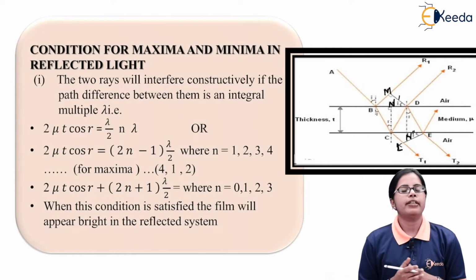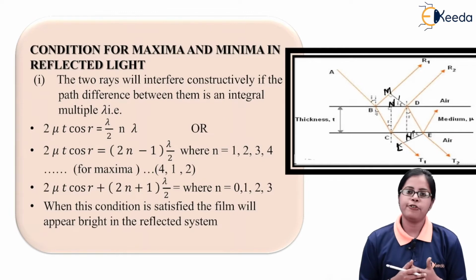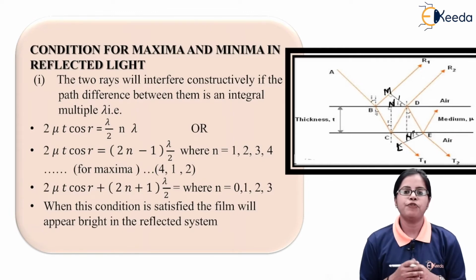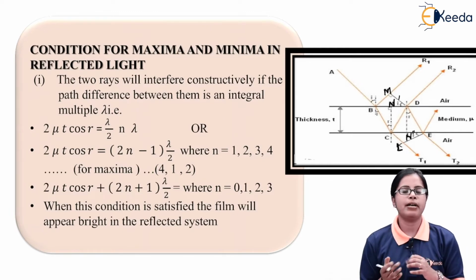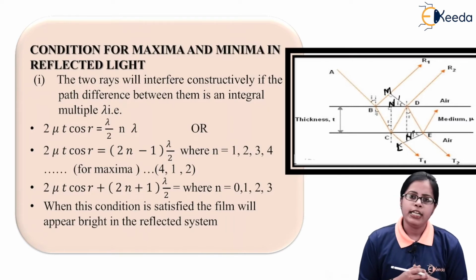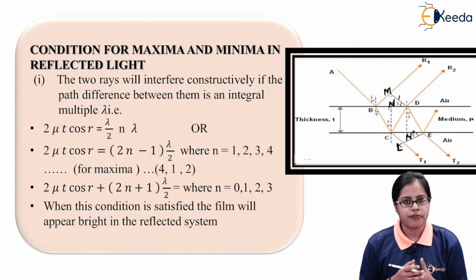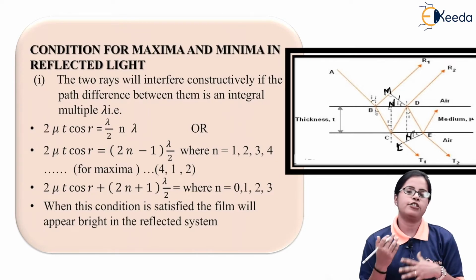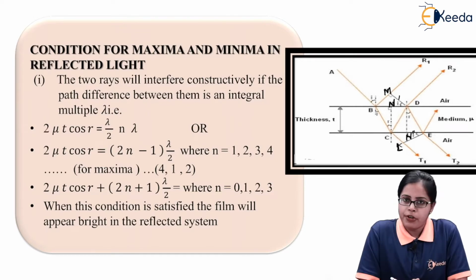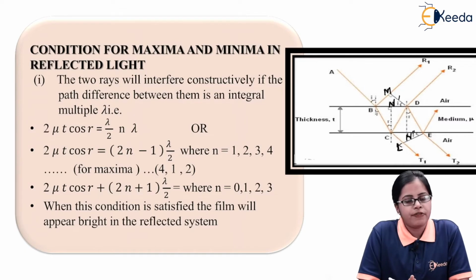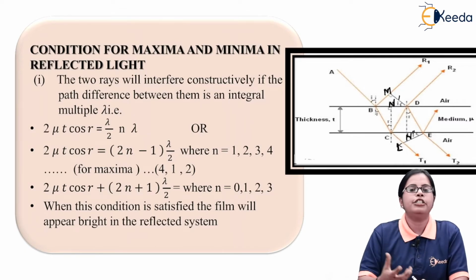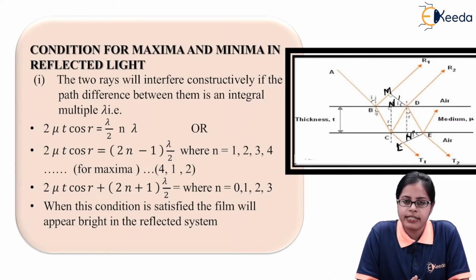Next is, as we get the optical path difference, we need to find what is the condition for occurrence of maxima and minima. Obviously, the question arises that using optical path difference, how can we find the conditions for maxima and minima? If you remember in the previous videos, as we have talked about, the conditions for obtaining the constructive interference and destructive interference depends on the path difference.